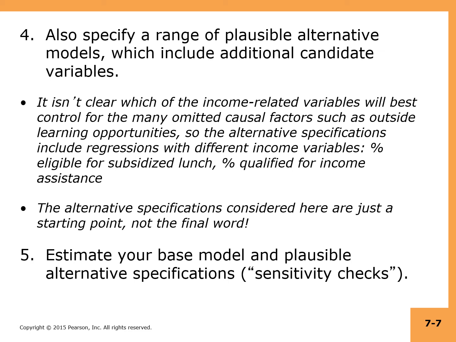We don't really know which of these measures is better at controlling for the omitted variables that we cannot directly measure. So in our alternative specification, we're going to include these variables one at a time and also include both at the same time in the model.